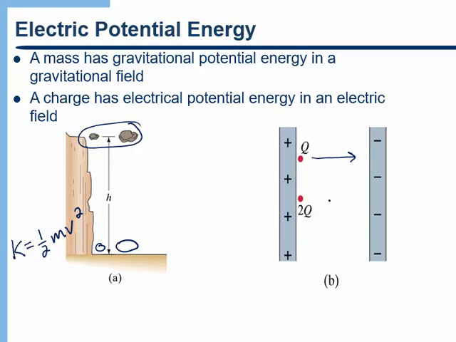If it's gaining kinetic energy, it's got to be losing some other kind of energy, and that's electrical potential energy. We'll also have to figure out, does this have more electrical potential energy than this one does, in the same way that the big mass has more gravitational potential energy.